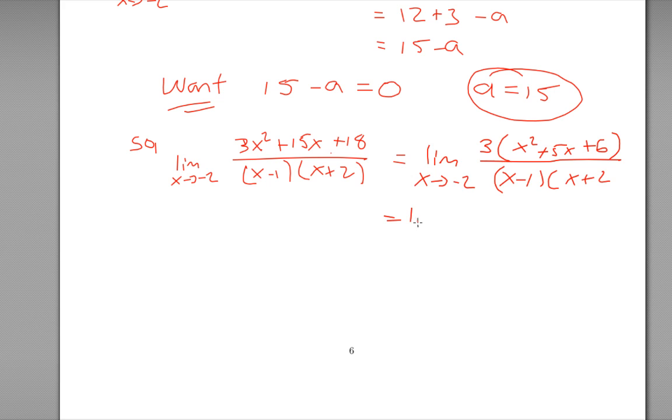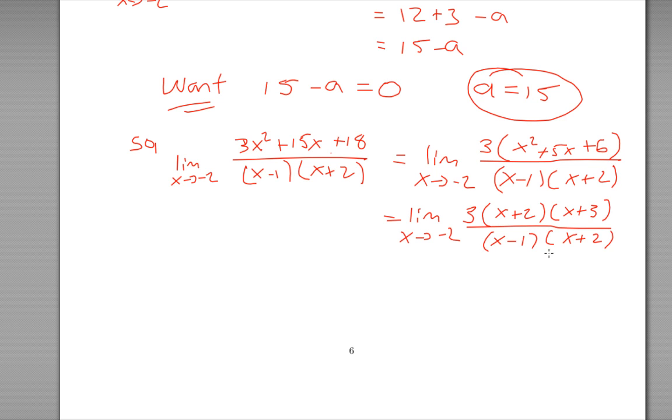So now we can factor the top quite easily. We have 3, and two numbers that do this are x plus 2 and x plus 3. So we have 3 times x plus 2, x plus 3, and we divide that by x minus 1 times x plus 2.